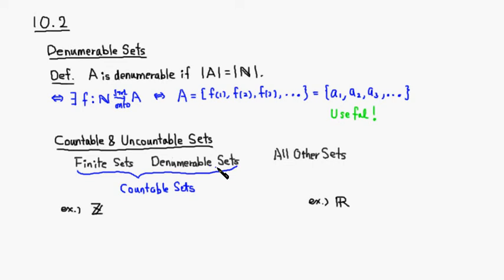For a denumerable set, there are infinitely many elements, but still you can list the elements in this fashion. Then all others, if it's not finite and not denumerable, are uncountable.